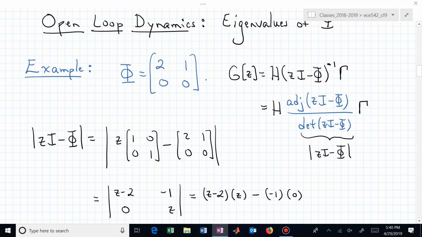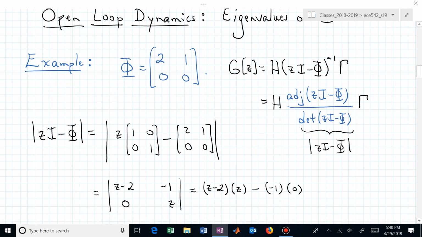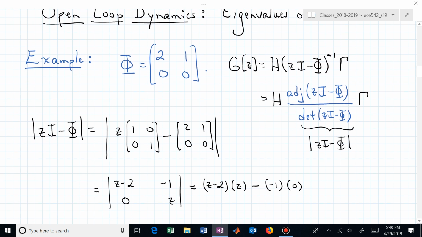That's unstable. And the justification for why the eigenvalues are the poles of our system: you can see if you compare this determinant expression for zI minus phi with the transfer function description, in the transfer function you're taking the determinant of zI minus phi, and that's in the denominator polynomial. That's the poles.